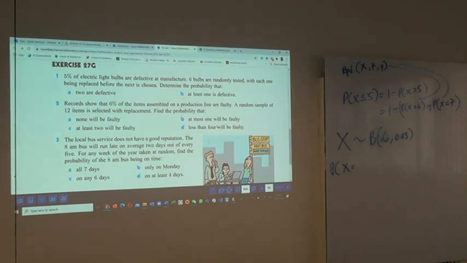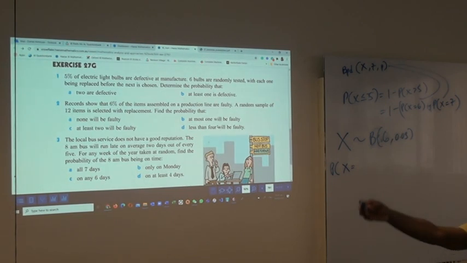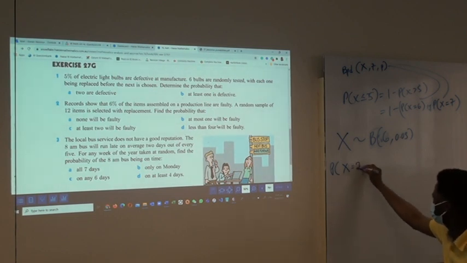Number of defective. You can look at the question: you want to find the probability that 2 are defective. That means the probability that x is equal to 2. So x must have been the number of defective bulbs. So the probability that x is equal to 2.